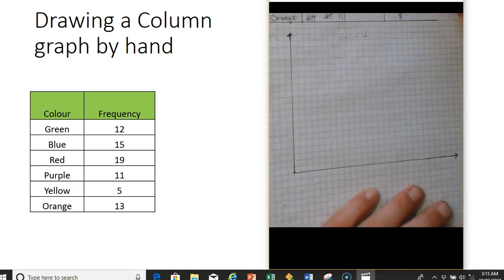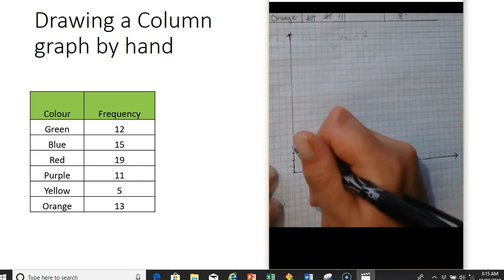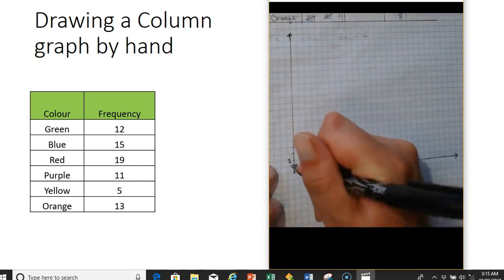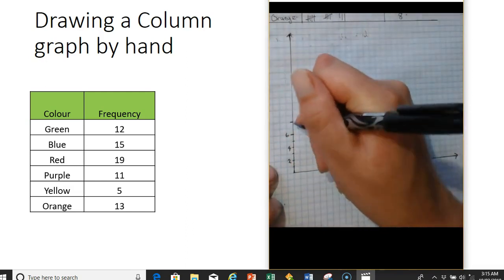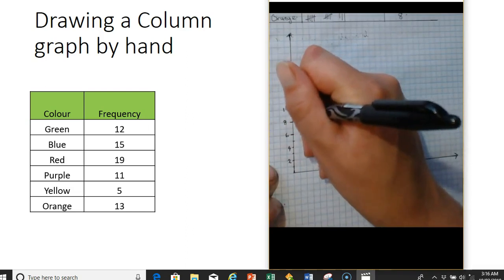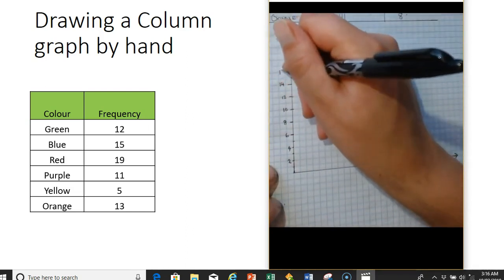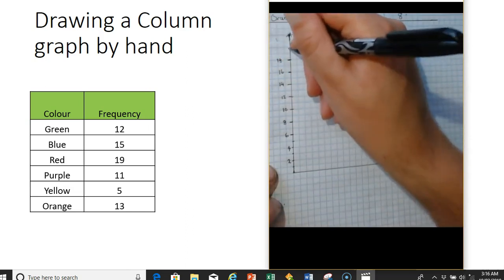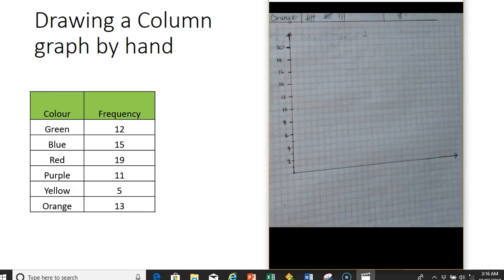Notice that the axes have been ruled. They've started the scale from 0. The scale goes up to 20 because our highest value is 19.